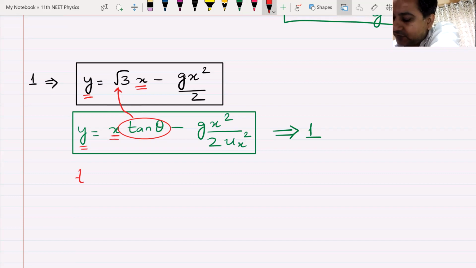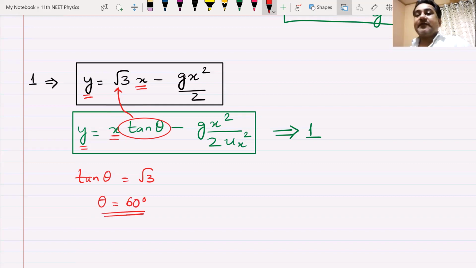So tan theta becomes equal to root 3. If tan theta is root 3, what is my theta? My theta would be 60 degrees, and that is my angle of projection. Am I clear?